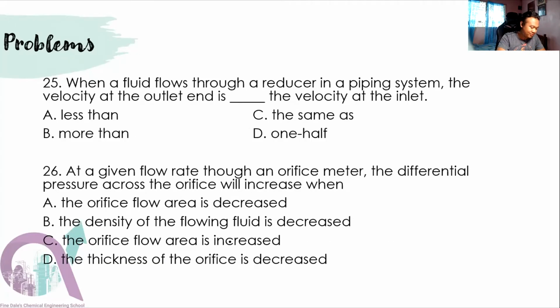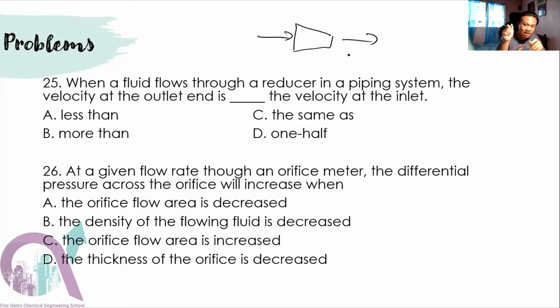Number 25, when the fluid flows through a reducer in a piping system, the velocity at the outlet end is blank the velocity at the inlet. So reducer. So mag-reduce ang area, di ba? If you are watering your plants using a garden hose, di ba?